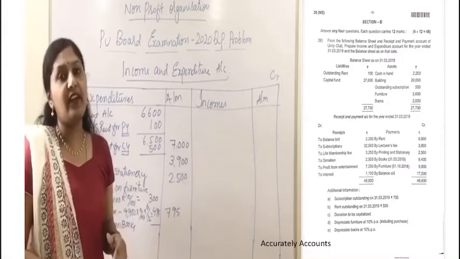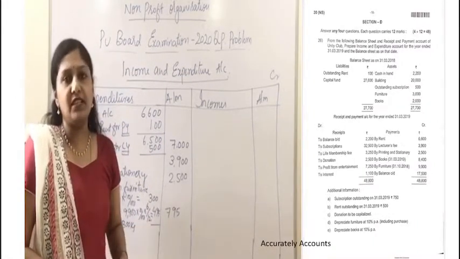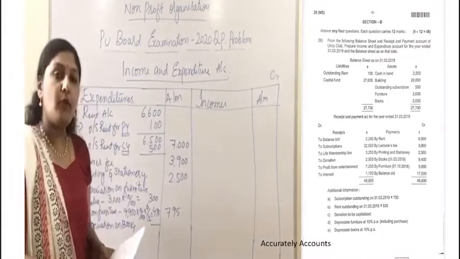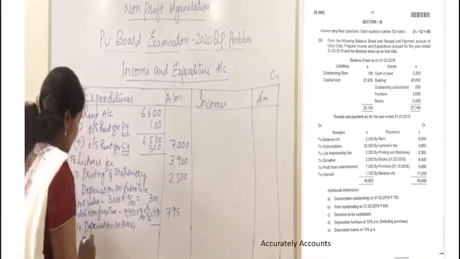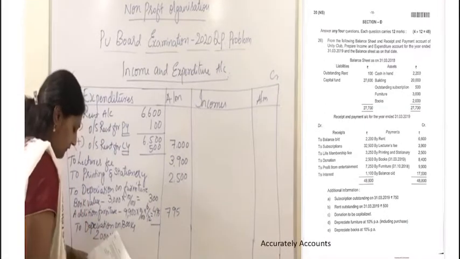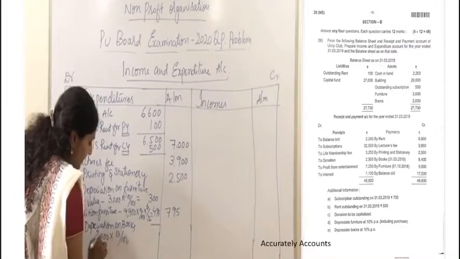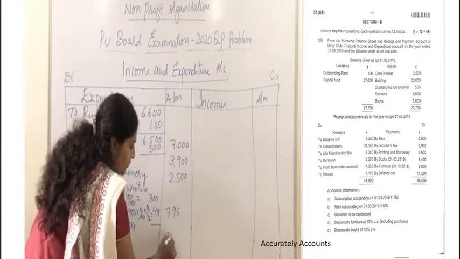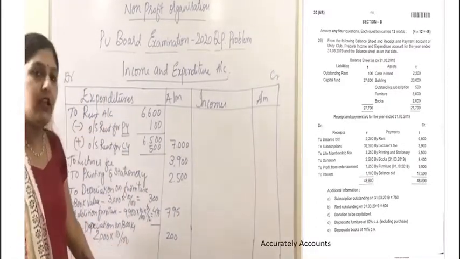If they specify in the problem, then definitely we need to charge depreciation on the additional purchases of books. The opening balance, or the old balance sheet value of books, is 2000. On 2000, the rate of depreciation is again 10%, 10 divided by 100. The value of depreciation on books is going to be 200. So only so much we have on the expenditure side.